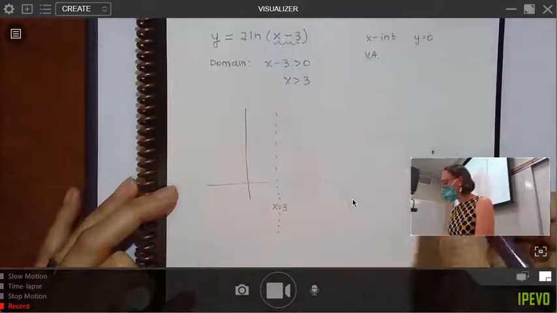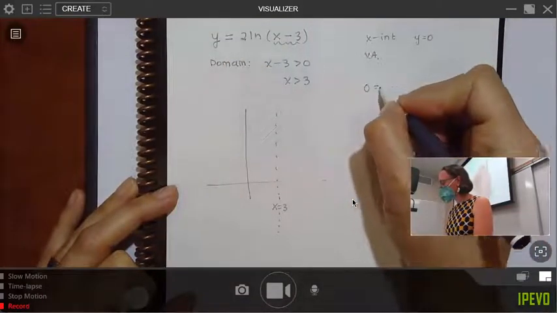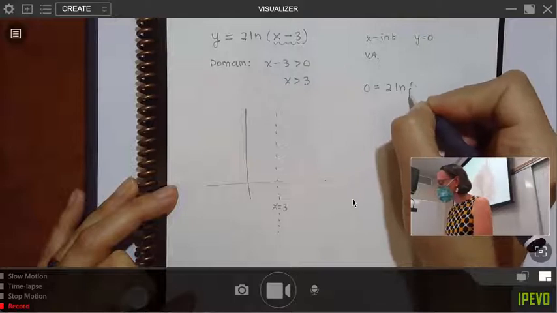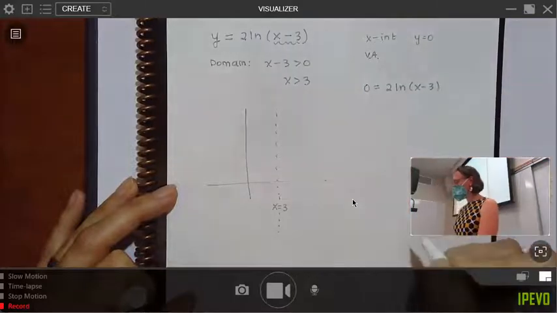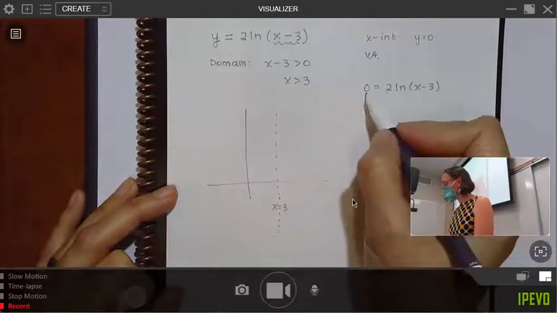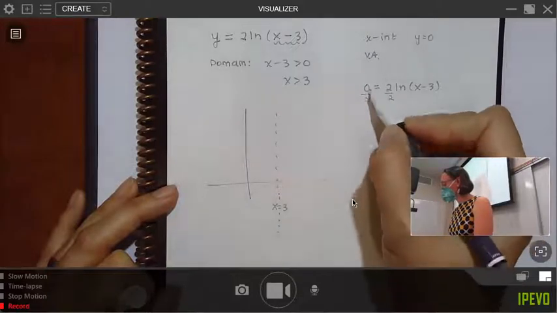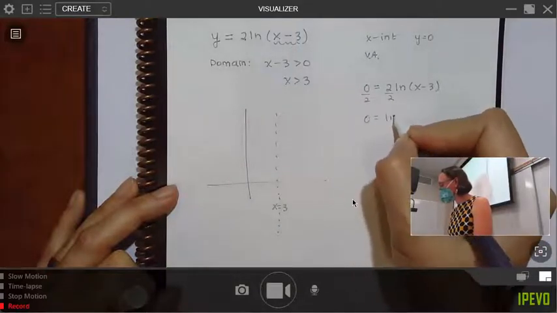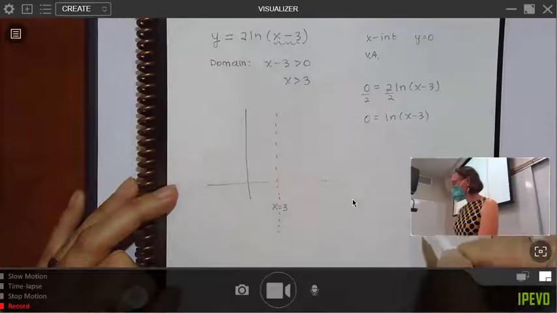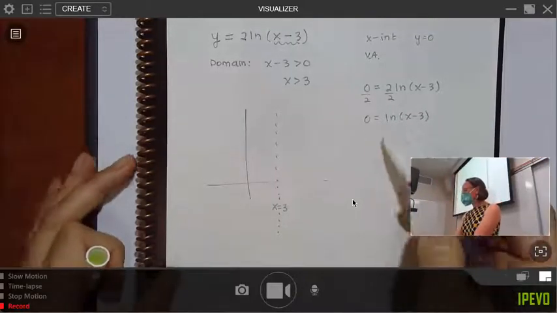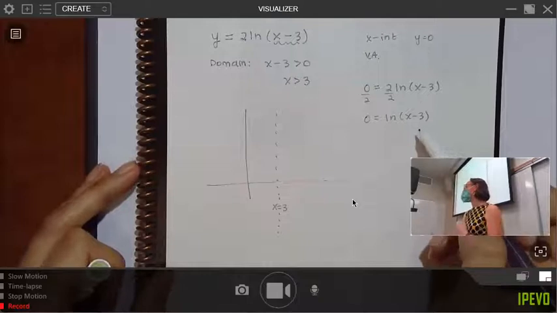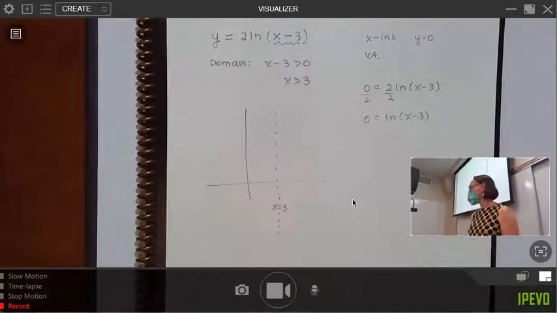If I do that here, I've got 0 is equal to 2 times natural log of x minus 3. I can divide both sides by 2, but 0 divided by 2 is still 0. If I want to solve this, the way I'm going to solve it is by rewriting it in its exponential form.